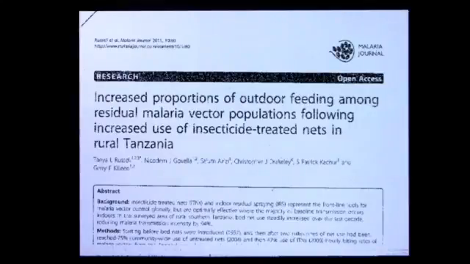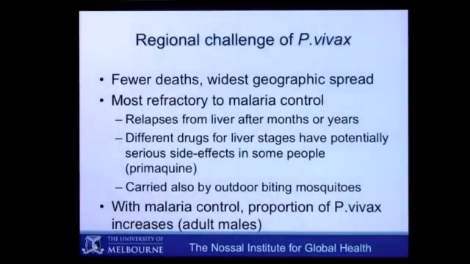In other words, the population was increasingly outdoor biting mosquitoes who could avoid the nets. And so there's chemical and biological resistance that's being looked at. Not nearly enough research is being done, and so it's a big challenge to deal with it.